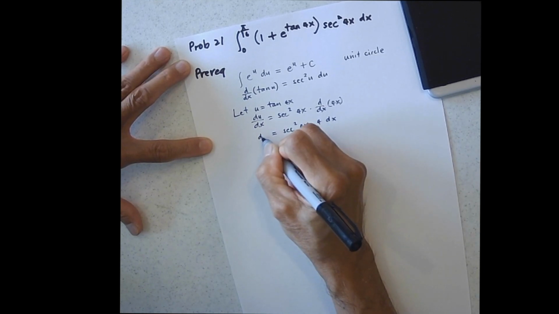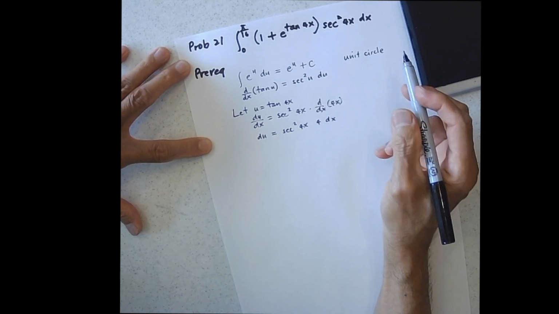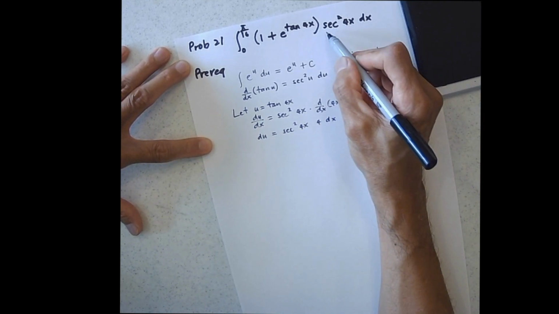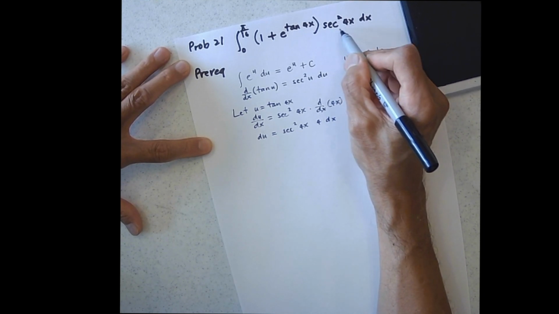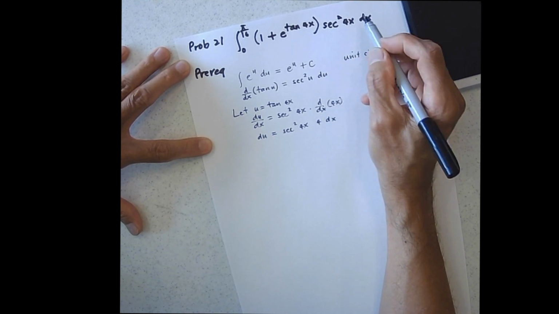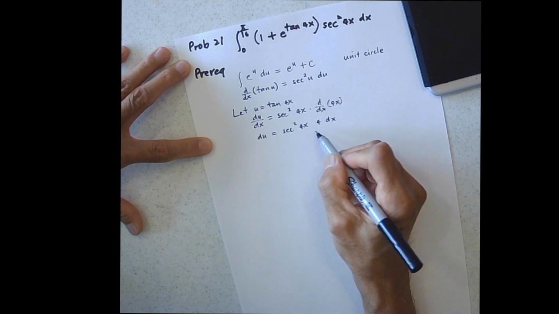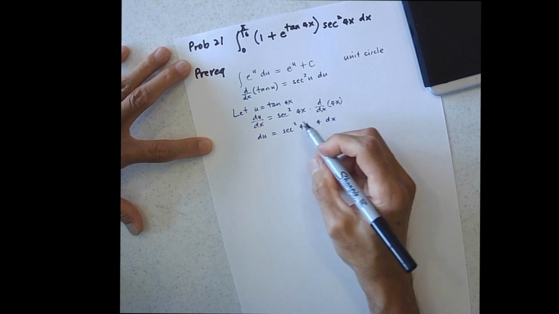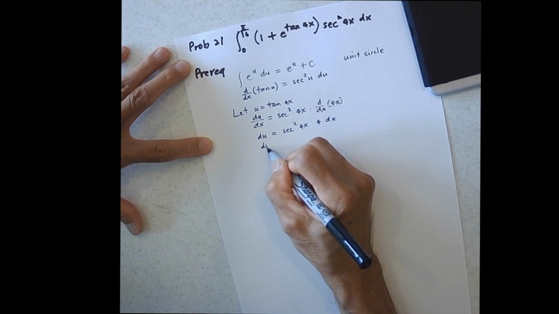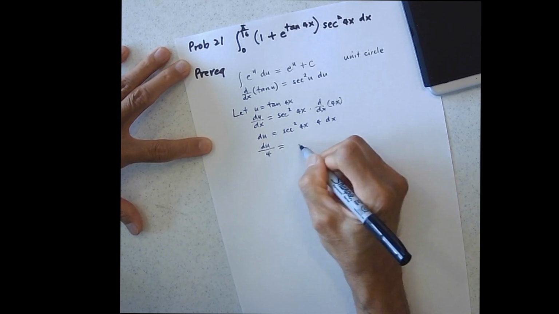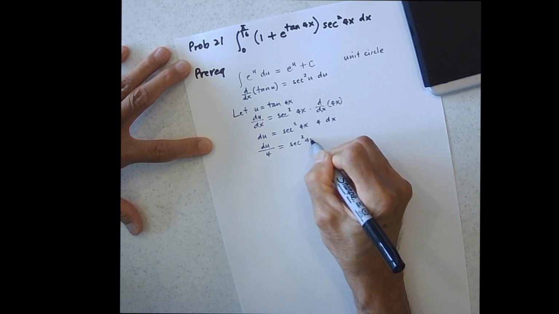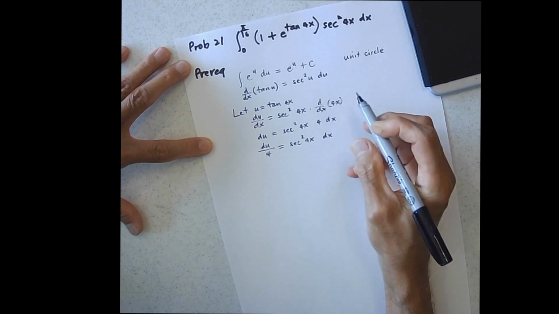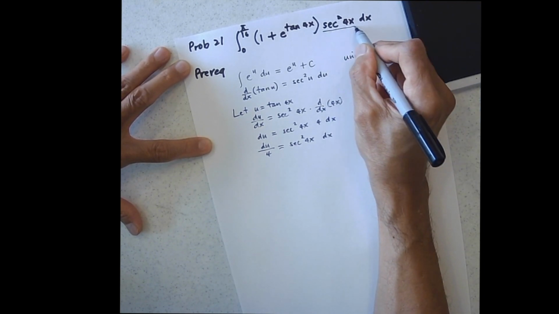That's our du. And if you look at your integral here, there is no 4 in the du part. So we will solve this for du. And we get du over 4 is equal to secant squared 4x dx. So that is exactly what we have there.